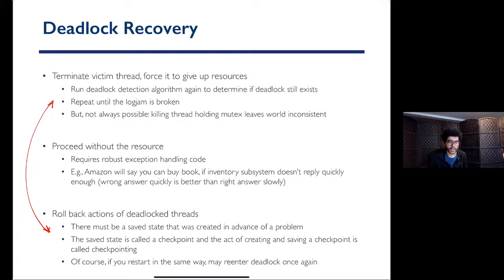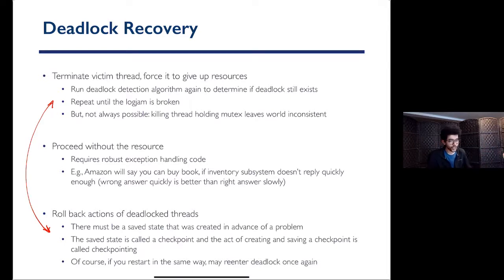This one basically says, let me make checkpoints as my thread progresses. And if I find my system in deadlock, then I can just go back to a checkpoint that I made before where there was no deadlock and hope that deadlock doesn't happen.